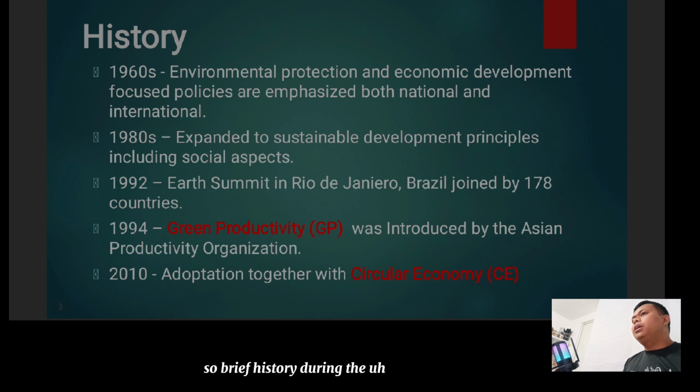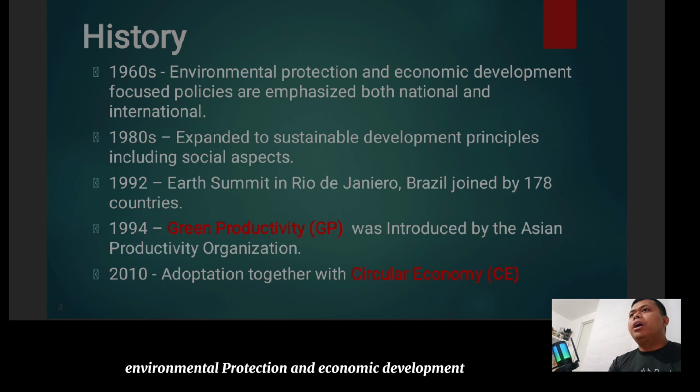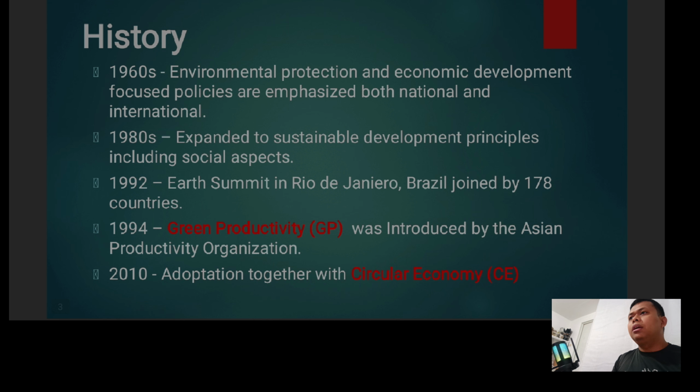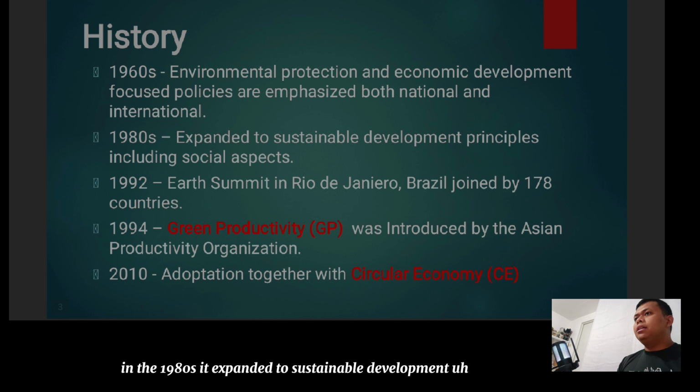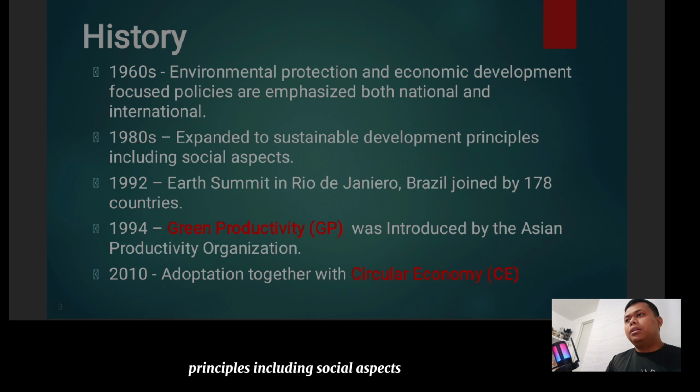A brief history: during the 1960s, environmental protection and economic development focused on policies that emphasize both national and international concerns. Moving forward, in the 1980s, it expanded to sustainable development principles, including social aspects.